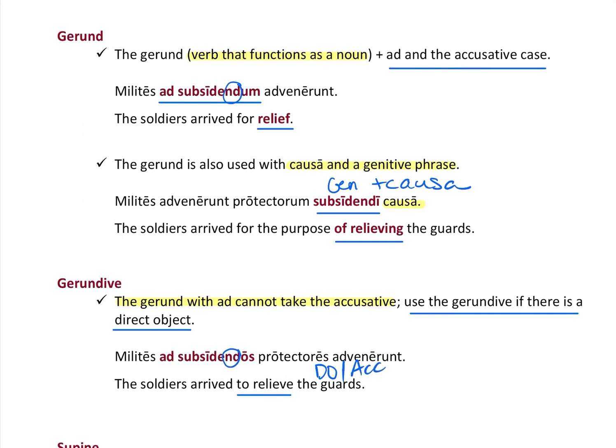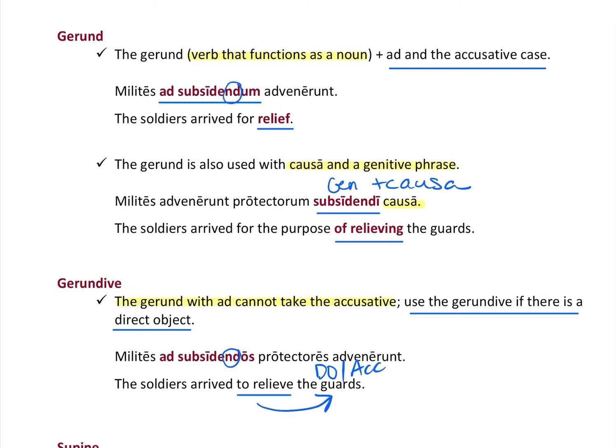So a gerundive is an adjective that modifies a noun. Clearly, the phrase to relieve is not an adjective. But in showing purpose, we need to use a gerundive, simply because those are the Latin grammar rules when there is an accusative, and it must match the gender, case, and number of the accusative. In this case, it must match the guards.